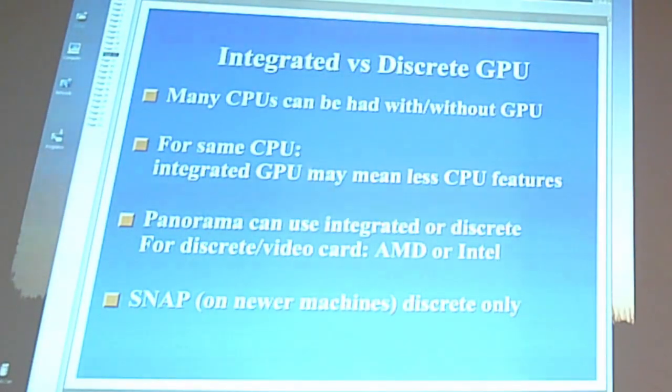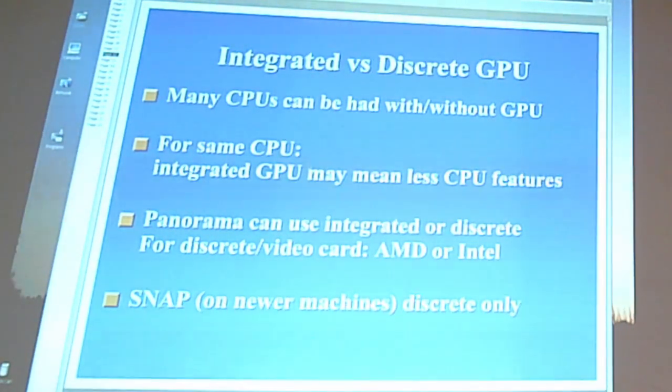But what it basically means is the graphics is integrated with the processor. Oftentimes you may find, when you're comparing that same CPU with or without integrated graphics, that you lose some features for that particular chip when you have the integrated graphics.